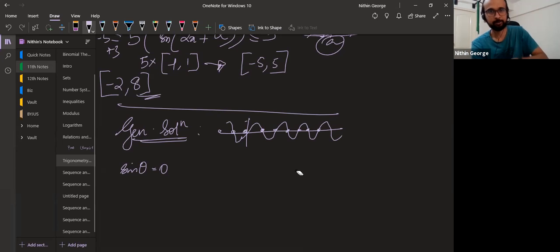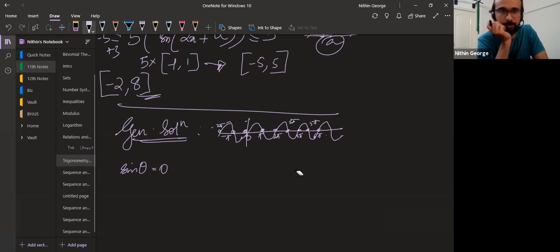All right. So we have sine theta equal to 0. This happens here. Then next sine theta equal to 0 happens at theta equal to pi. Next is at 2 pi. Next is 3 pi, 4 pi, 5 pi, 6 pi, and so on. Minus pi, minus 2 pi. Guys, are you getting this?